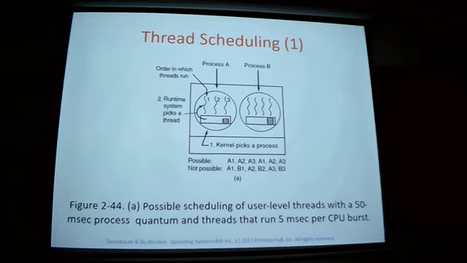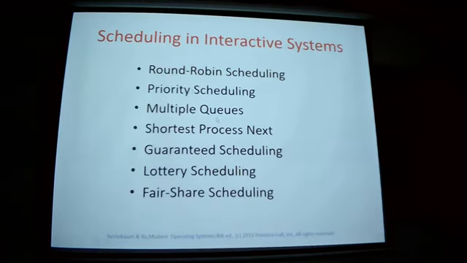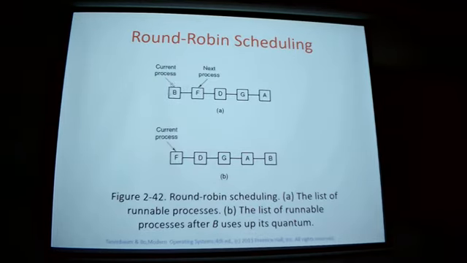We can see that the total time is 15 milliseconds, and the quantum, just like in here, round robin quantum. Quantum means a period of time.